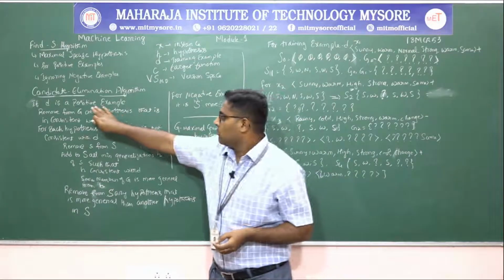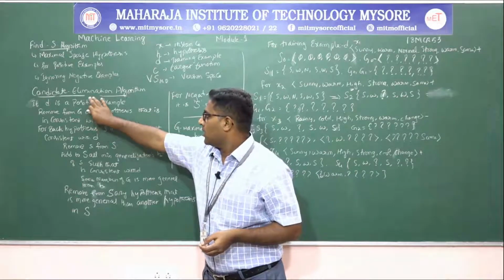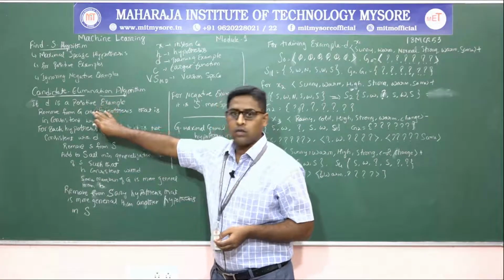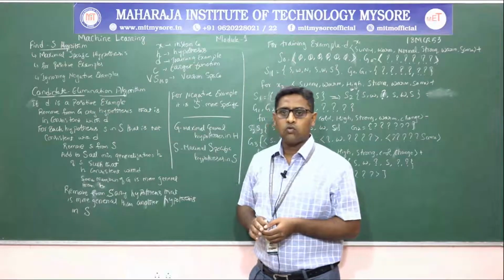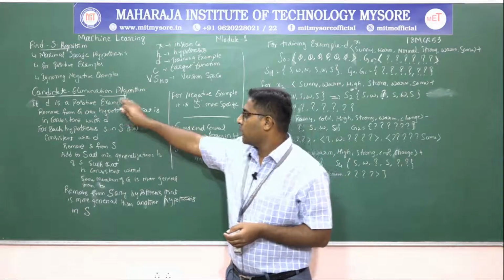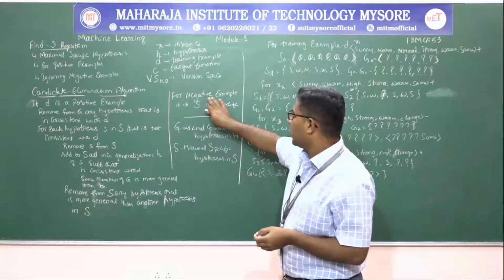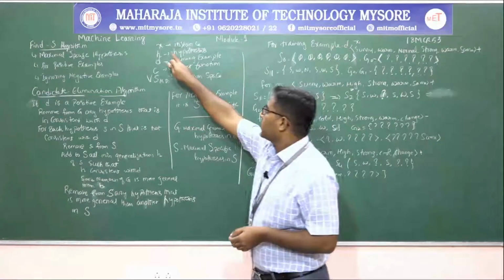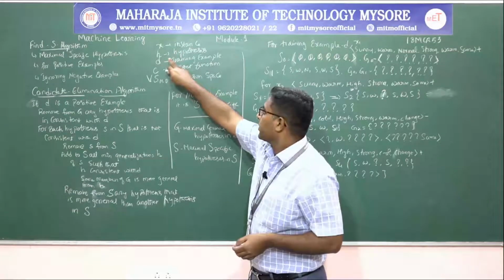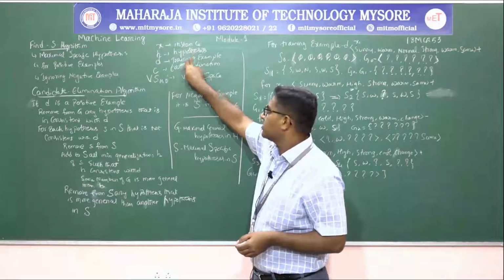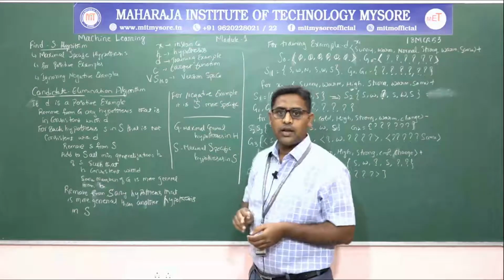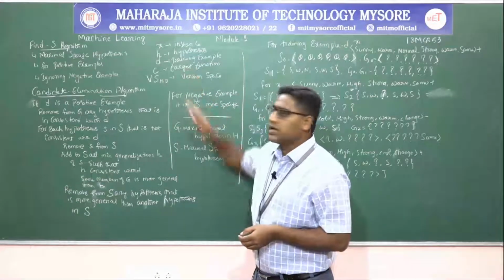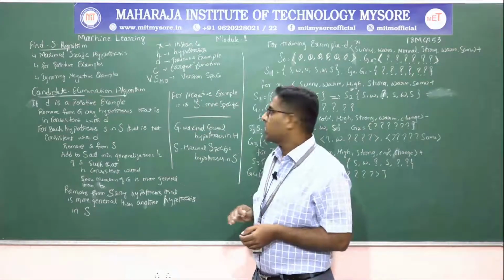To see how the candidate elimination algorithm works for both positive and negative examples, again to recall, X we call an instance, H we call a hypothesis, D we call a training example, C we call a target function.